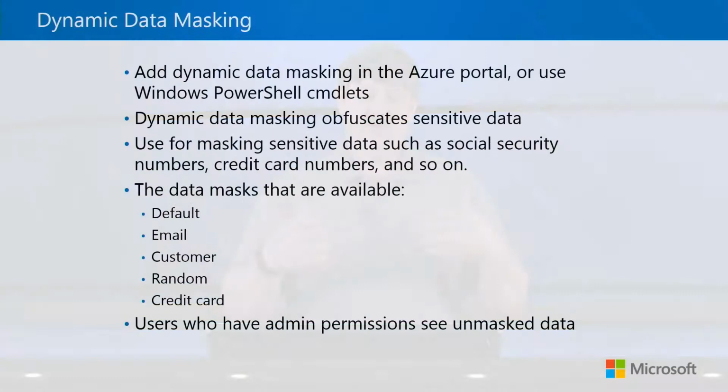It's a column level property that we can implement, and we do it either by using the Azure portal for Azure SQL Database, or we can do it using the Azure PowerShell commands. It doesn't encrypt the data, so it's still stored in its unencrypted format in the column, but when the data is retrieved, it's obfuscated. So it's hidden in a certain way, and it depends on which of the masks that you use as to how it will be obfuscated.